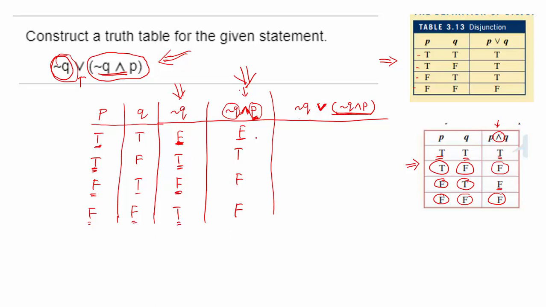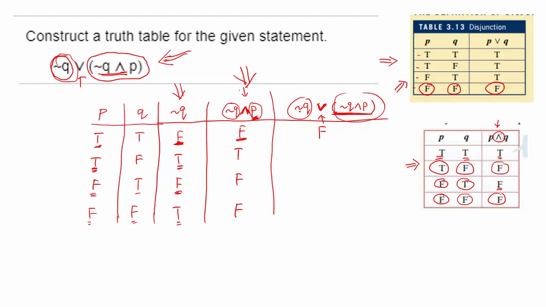So the first combination: the negation of Q is false, and the truth value of this is false. So you have a false, false combination. And remember, it's or, which means now you're going to refer to this table. So the disjunction is going to be false. So you're going to put an F here, because this is false and this is also false.